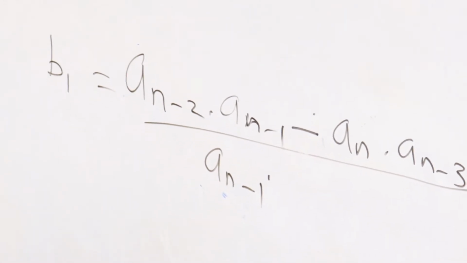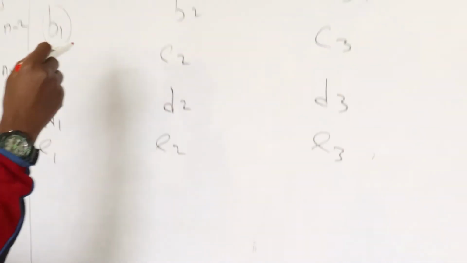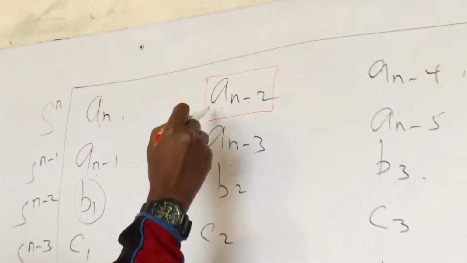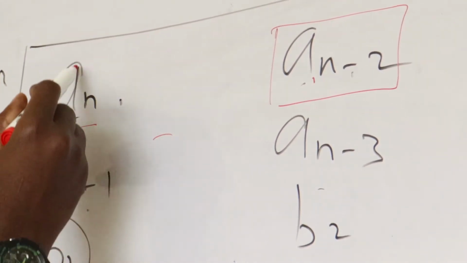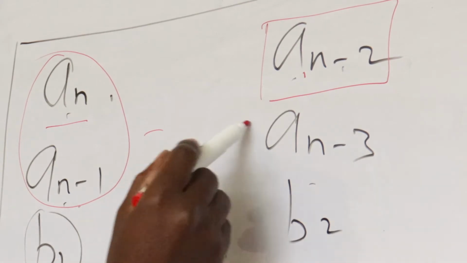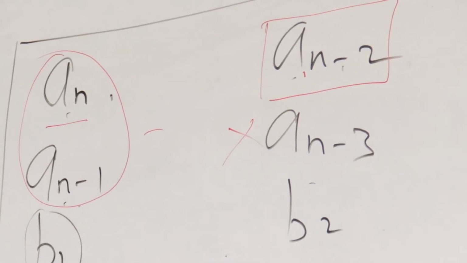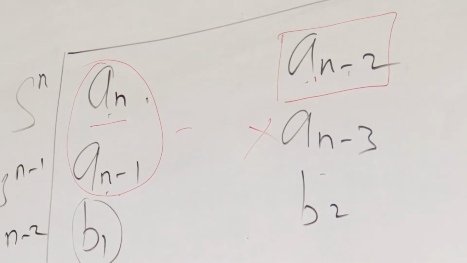Another person can still do it this way: this minus this over that, times this. We'll try to expand that and you see what comes.